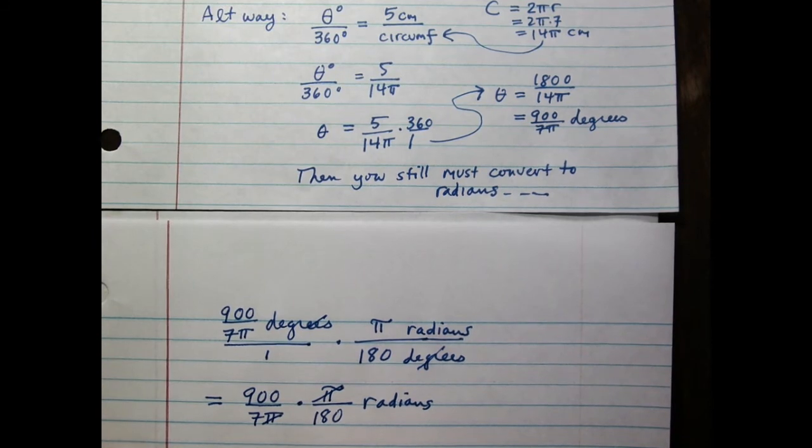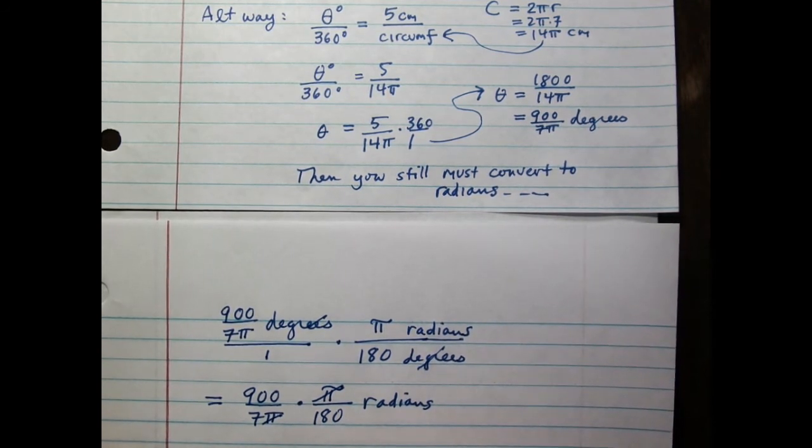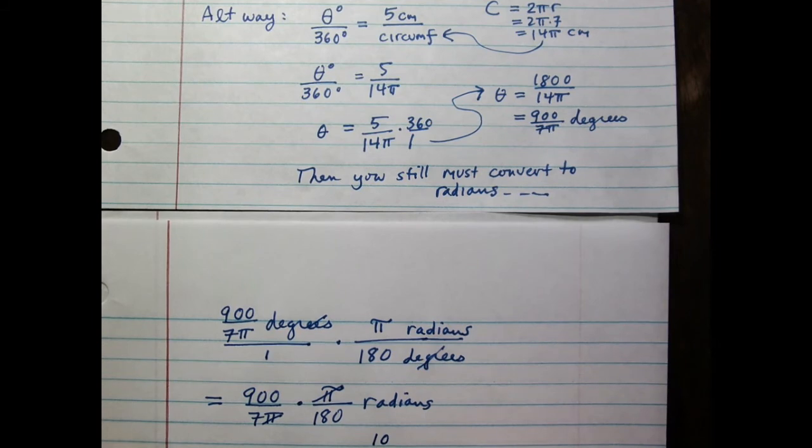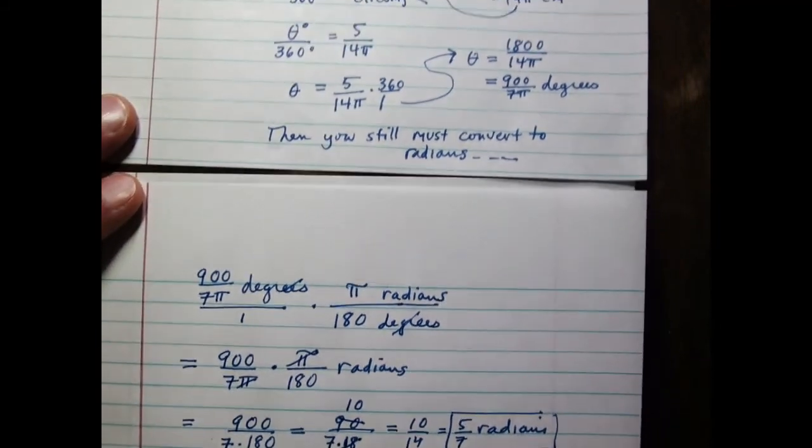And we end up with 900 over 7 times 180. This is going to reduce down to 90 over 7 times 18. 9 goes into 18 twice, into 90 10 times. I get 10 14ths, which is 5/7 radians. There's that radian measure. So this is sort of a weird, not such a weird way, alternate way to proceed.